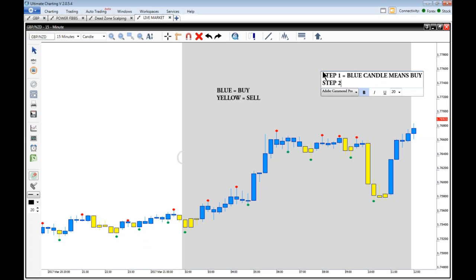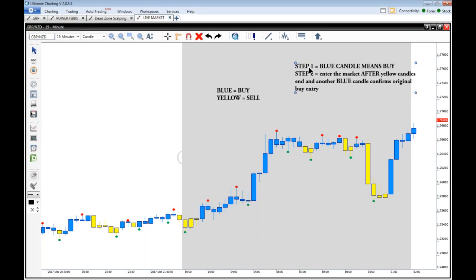Step 2 is going to be enter the market after yellow candles and another blue candle confirms the original buy entry.